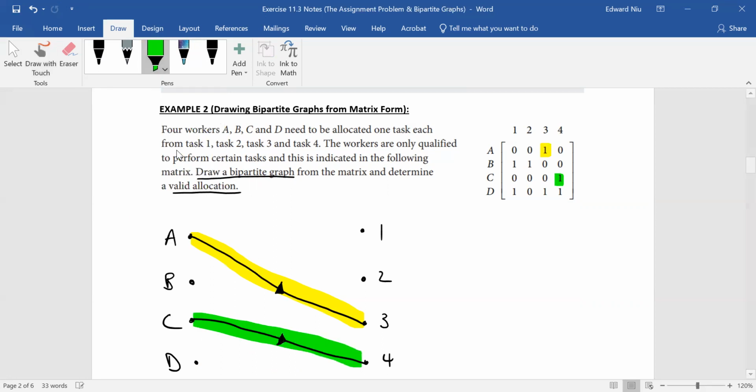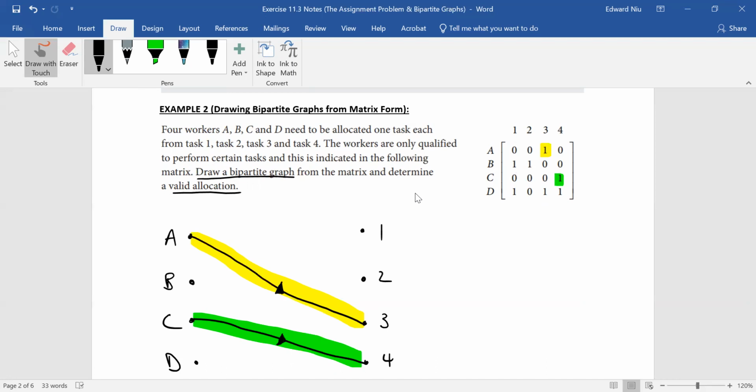So we've got person B and D left. What you want to see is, well, person D can do 3 jobs. Job 1, job 3, job 4. Person B can only do 2, and he can only, or she can only do 1 and 2. But notice how D can't do number 2.